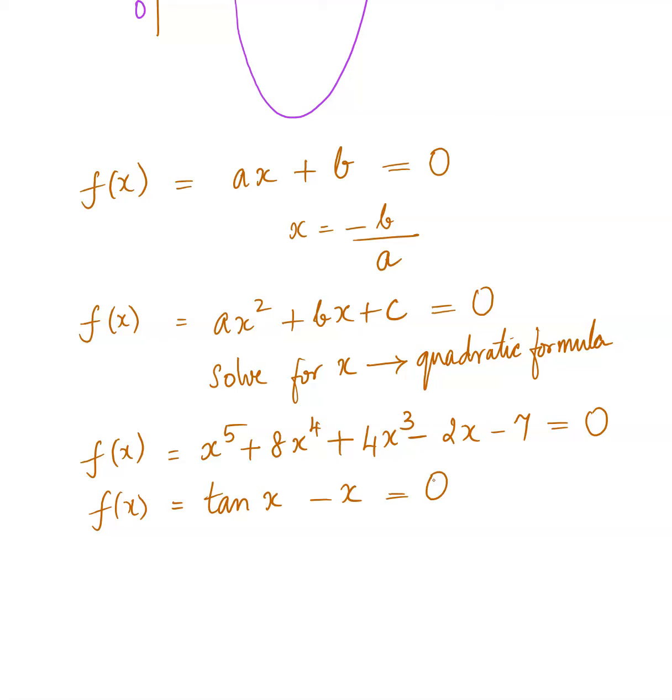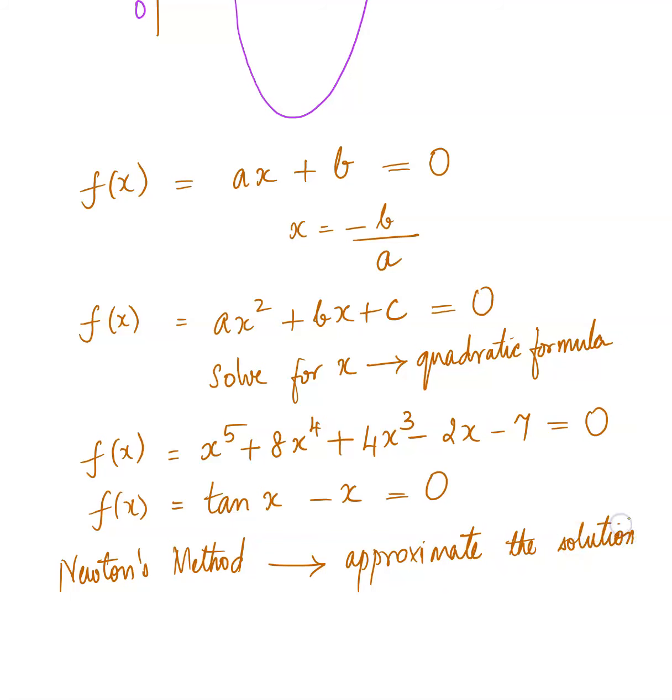So for all these cases, we'd like to use the Newton's method, and the whole idea here is to approximate the solution. So Newton's method helps us to approximate the solution using the tangent lines, because we are talking about applications of derivatives, so there is that tangent line derivative coming there.